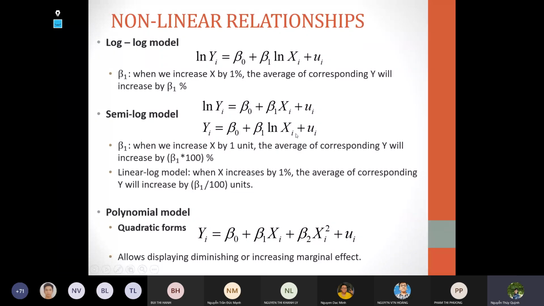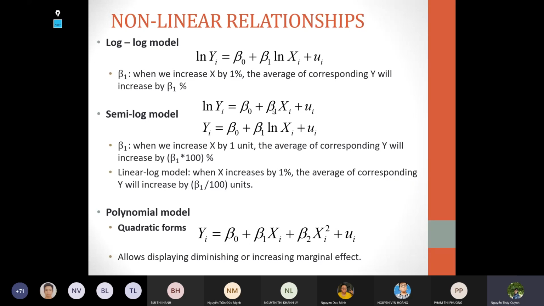The interpretations of the slope will be different between these two models. For the log linear model, beta 1 shows that when x increases by 1 unit, the natural log of y will increase by beta 1 unit. But we don't want to know the relationship between x and the natural log of y.